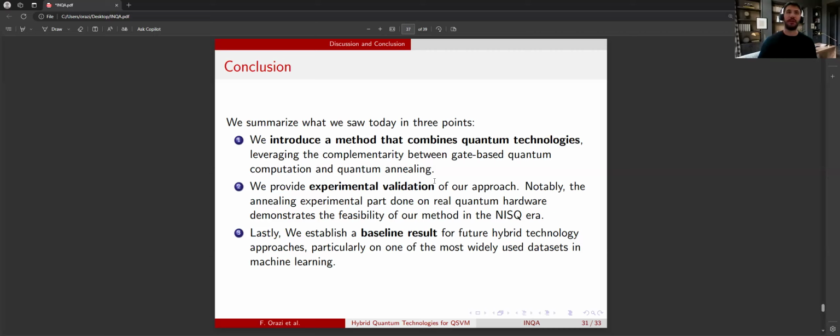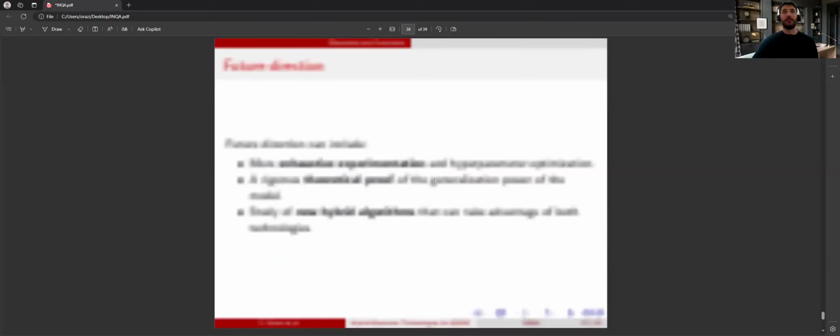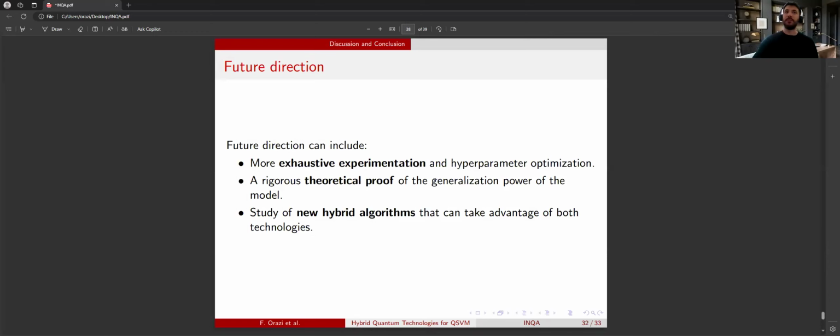We still provide experiments that yield really good results. And with this result, we can expect a baseline for the technology. Future work, obviously, more experimentation, a theoretical proof of the generalization power, and hopefully new hybrid algorithms that use both quantum and annealing technologies.